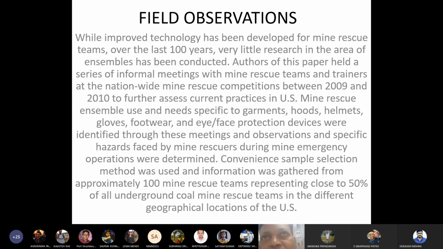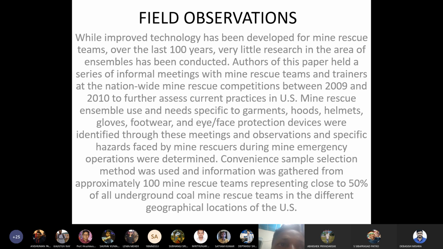Authors of this paper held a series of informal meetings with mine rescue teams and trainers at the nationwide mine rescue competitions between 2009 and 2010 to further assess current practices in the United States of America.